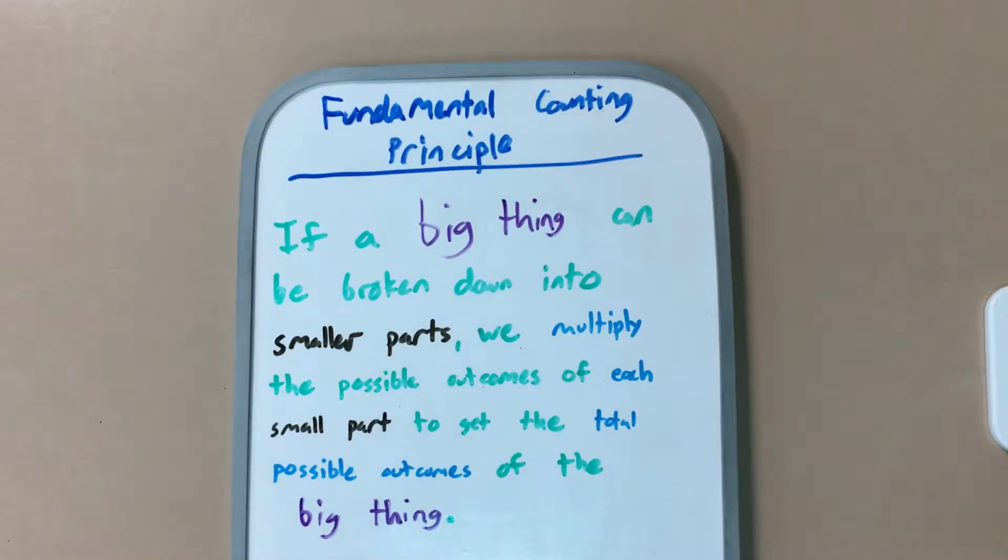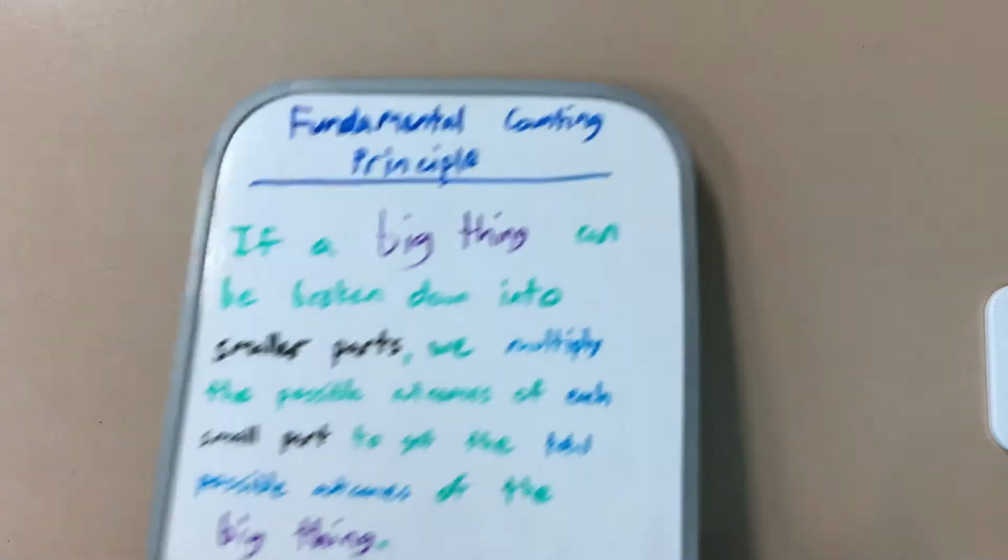So each number of choices for the parts of the dinner, or your outfit, or the number of choices you have for each digit in your code, we're going to find those possibilities, multiply them all, in order to get the total possible outcomes of whatever the big total thing or idea is.